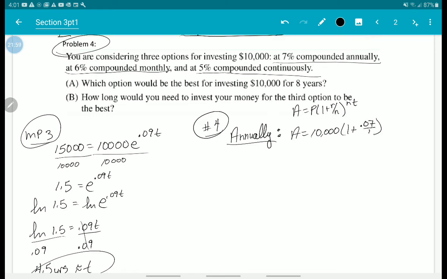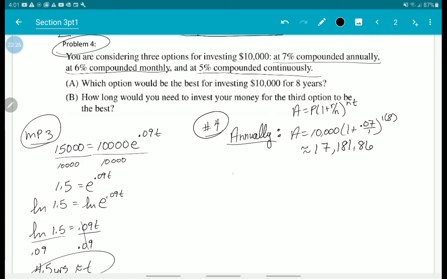We're compounding 1 time a year. And we're doing this for 8 years. So if we type that in, we're going to get $17,181.86. It's like, okay, that's pretty good.